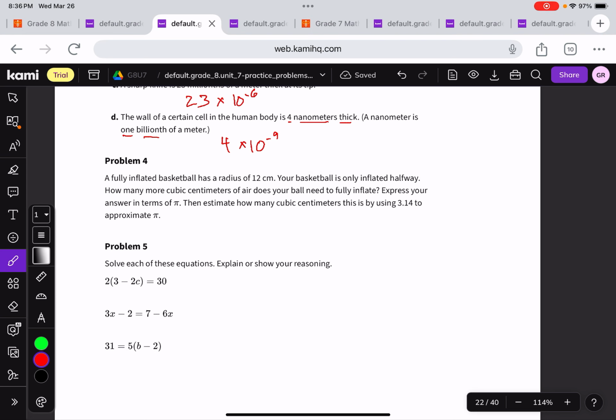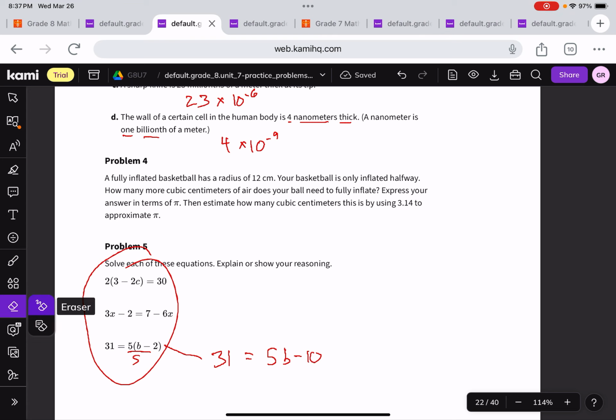Here's some good review on some equation solving. Hopefully you remember how to do the distributive property. This one down here would be something like 31 equals 5b minus 10. You could try to divide each side by 5, but you're going to be left with not a very friendly fraction.